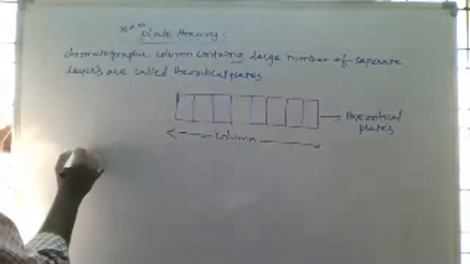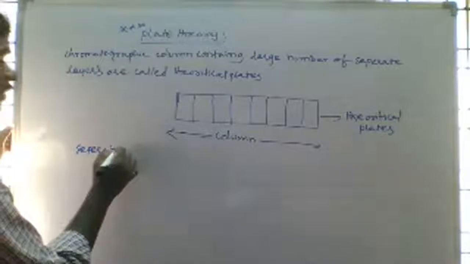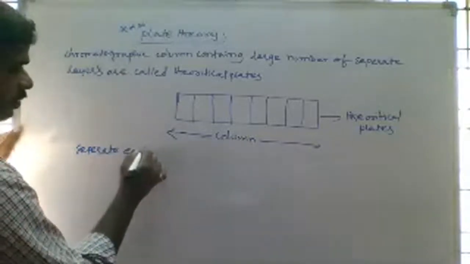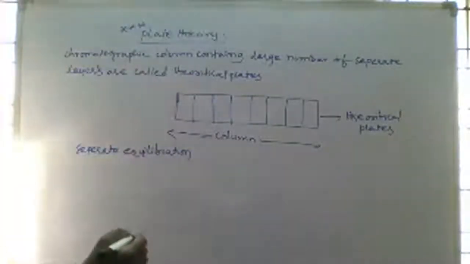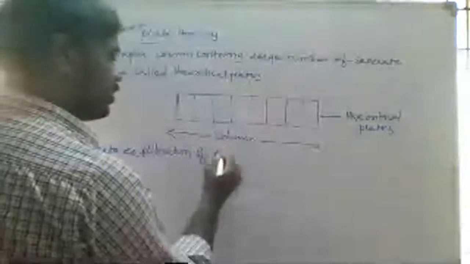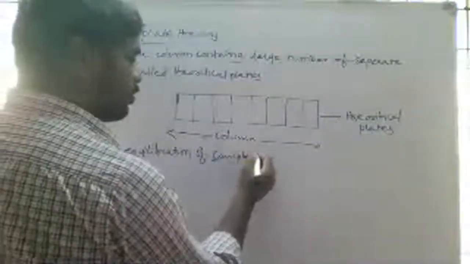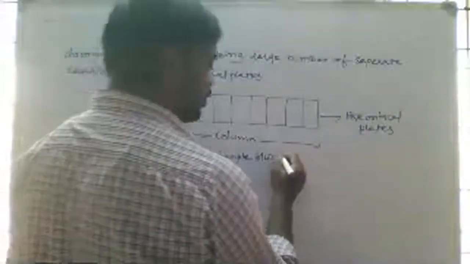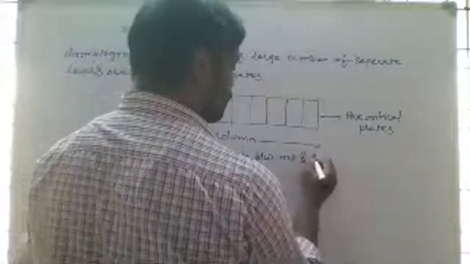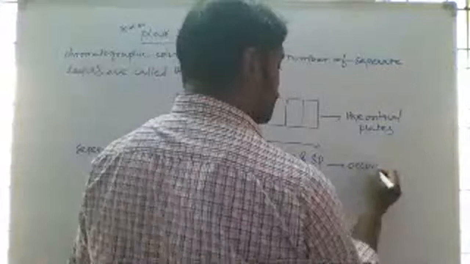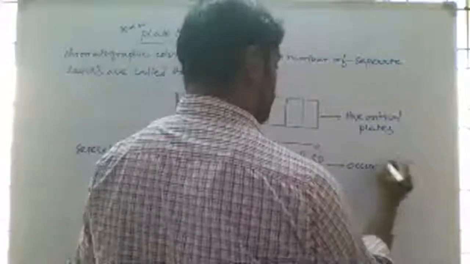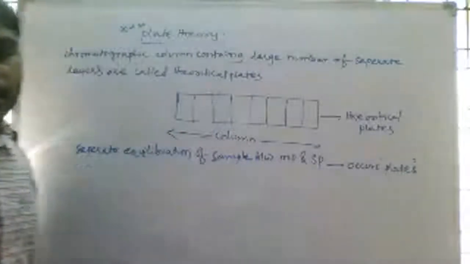These are separate equilibrations of the sample between the mobile phase and stationary phase, which occur in these plates.